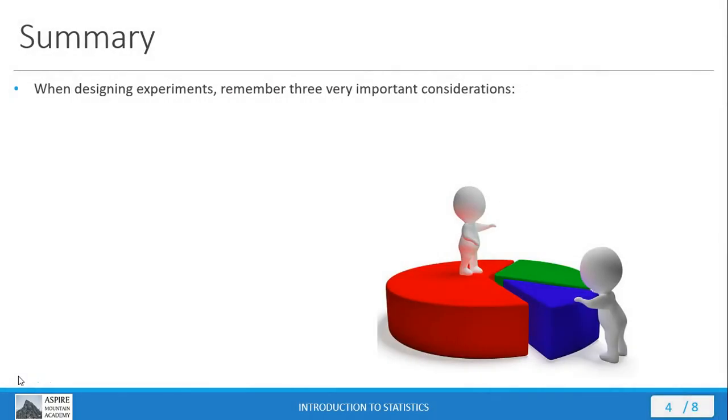Let's conclude by summarizing what we've learned from this mini-lecture and the previous mini-lecture. When you're designing your experiments, you want to remember three very important considerations. First, you want to randomize your sample selection. The more randomization you have, the merrier you'll be when you analyze your data and draw conclusions because you'll have less bias in your study.